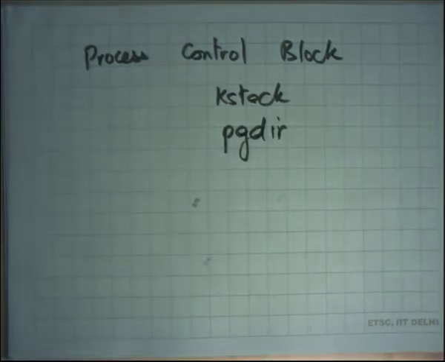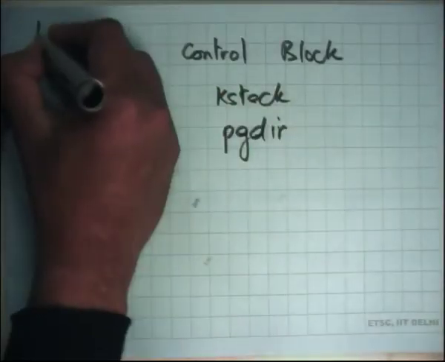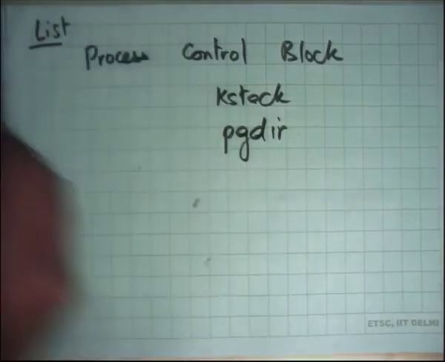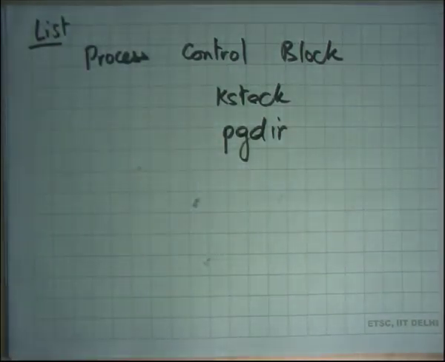So there is a list of PCBs, and the scheduler will pick one PCB and then switch to its K stack and its page directory, and that's it. That's a context switch. So all the information that was necessary to encapsulate exactly where that process got context switched out is available in the K stack.